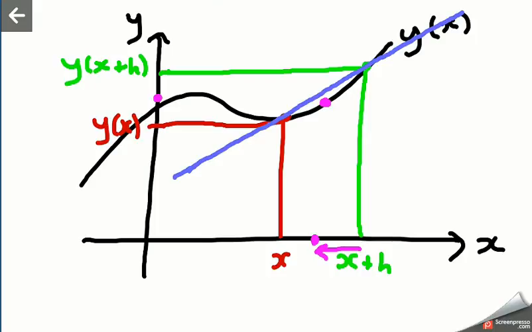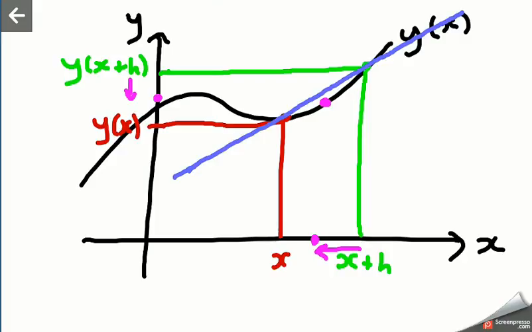Notice that as h gets smaller and smaller and we get closer and closer to x, so does y of x plus h get closer and closer to y of x. And that's kind of important. That's a very important property we're going to need if we're going to be able to differentiate something anyway.